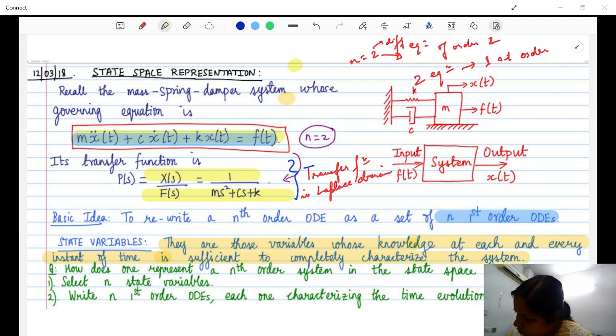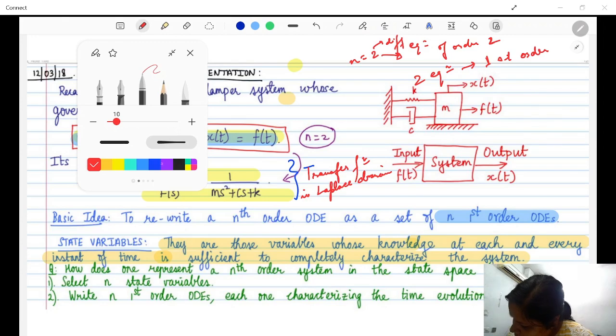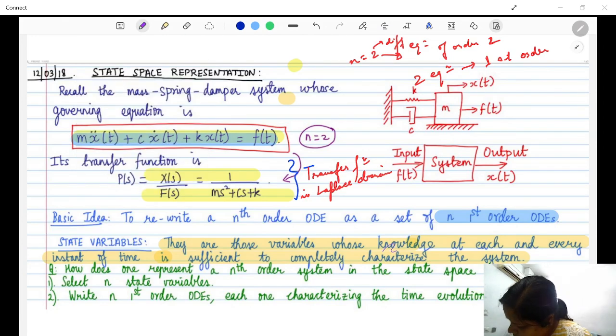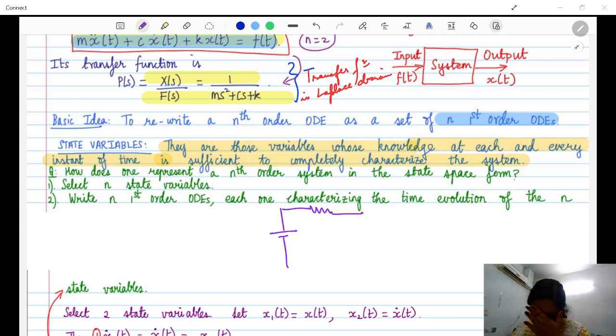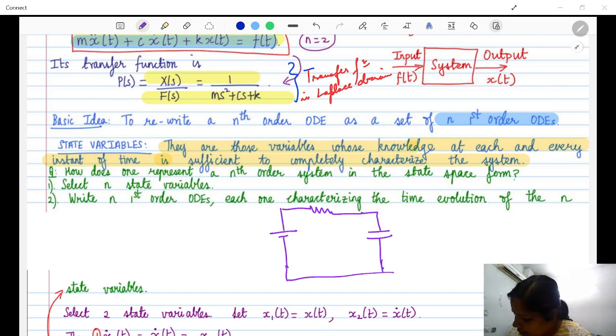I'll draw it here. Some input source, and then you have some resistor over here, then a capacitor over here. So this is a series RC circuit. This is your input, which is already known. This is R. This is C.